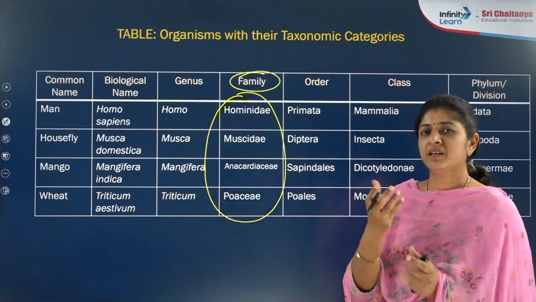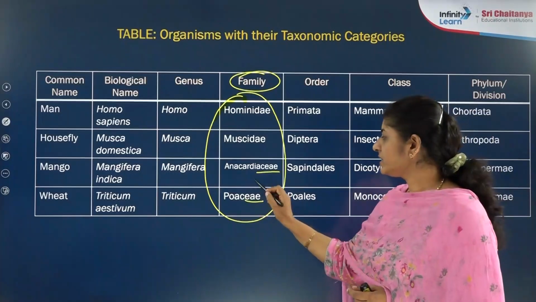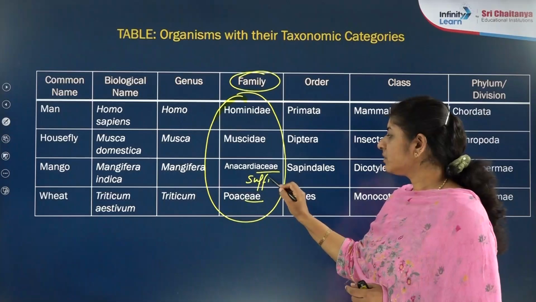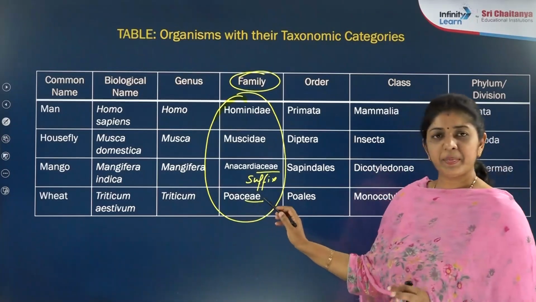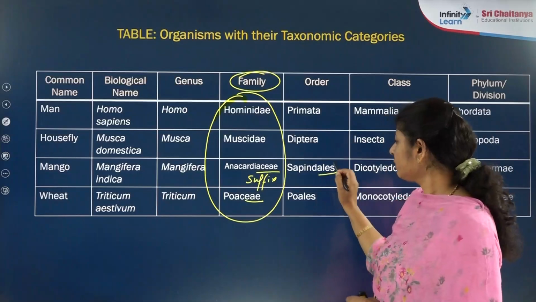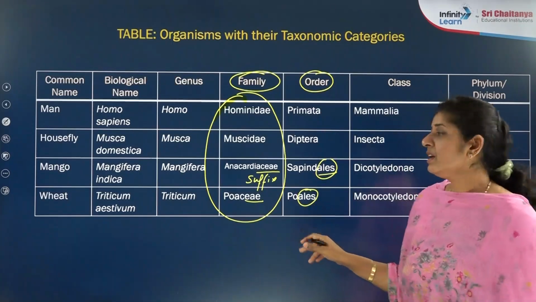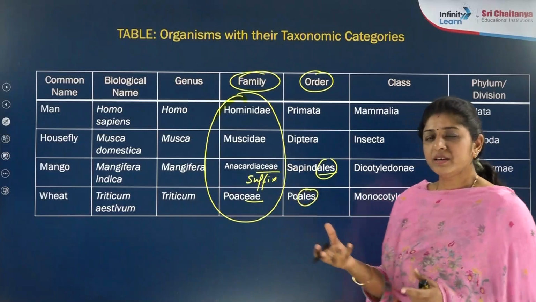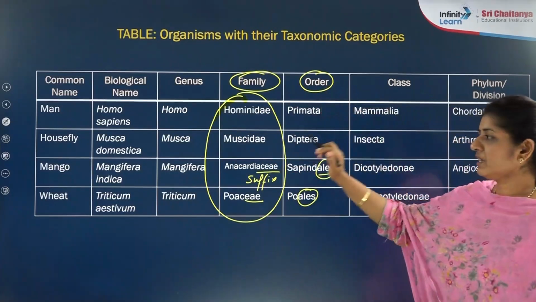In plant naming, you will find something interesting. AC is a suffix, meaning the letters you add at the end of a word. This is AC here, right? And ales you will find in the case of order, especially for plants I am saying. So do take care of that, maybe it can help you. Okay, now coming to man, the order is Primata.